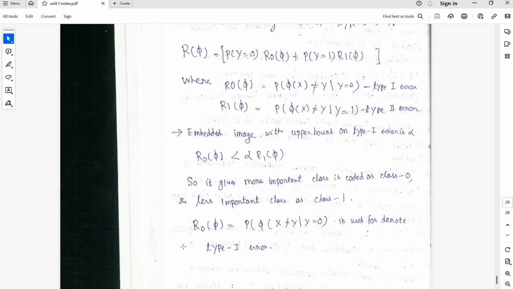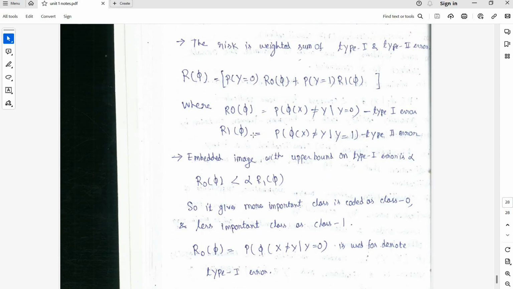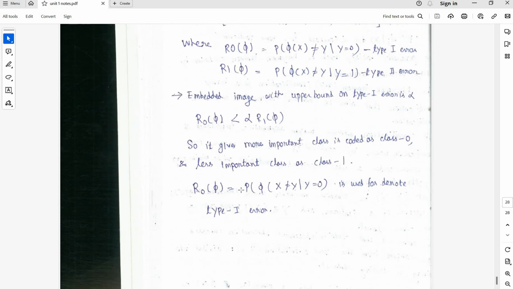The final equation for the Neyman criterion: R of phi is equal to P of phi of X not equal to Y. For Y equal to 0 it is type 1 error and Y equal to 1 belongs to type 2 error. With an upper bound on type 1 error of alpha, then R0 of phi is less than alpha, and R1 of phi is minimized, and the opposite.